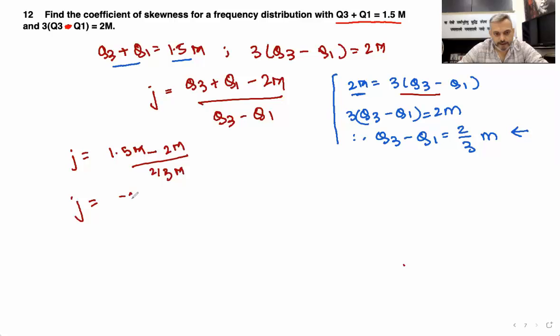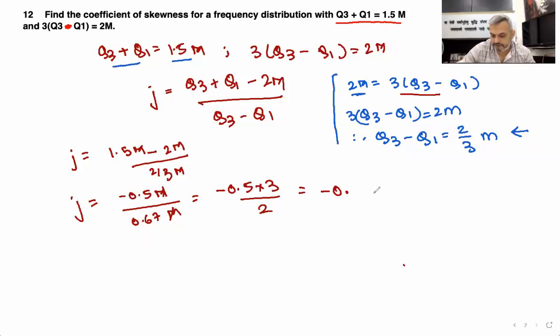So J is equal to minus 0.5 m upon 2 by 3, which is 0.666667, and m cancel. Or you can even take minus 0.5 into 3 divided by 2, which is 0.75. I think this will be better. So you get minus 0.75. So this is one way you can do it.